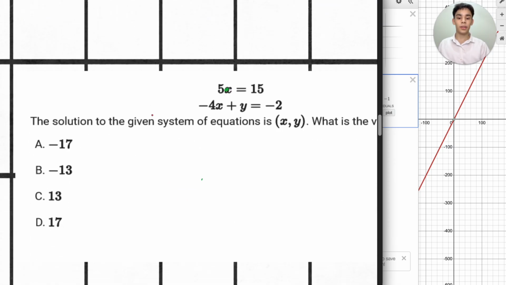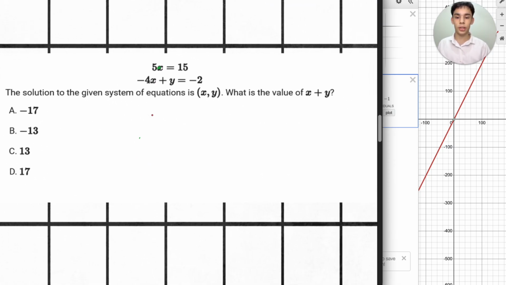I hope you understood this part, and let's solve another question. Let's solve, for example, this question right here. I will show you the by hand version and how you can solve it with Desmos. First of all, 5x equals 15. I can divide both sides by 5, so x will equal 15 divided by 5, or it will equal 3. That's it.